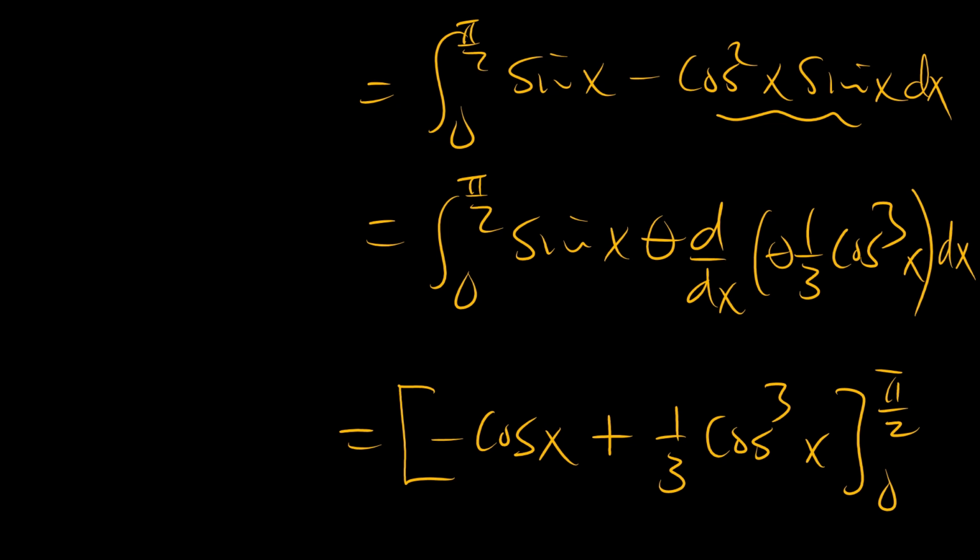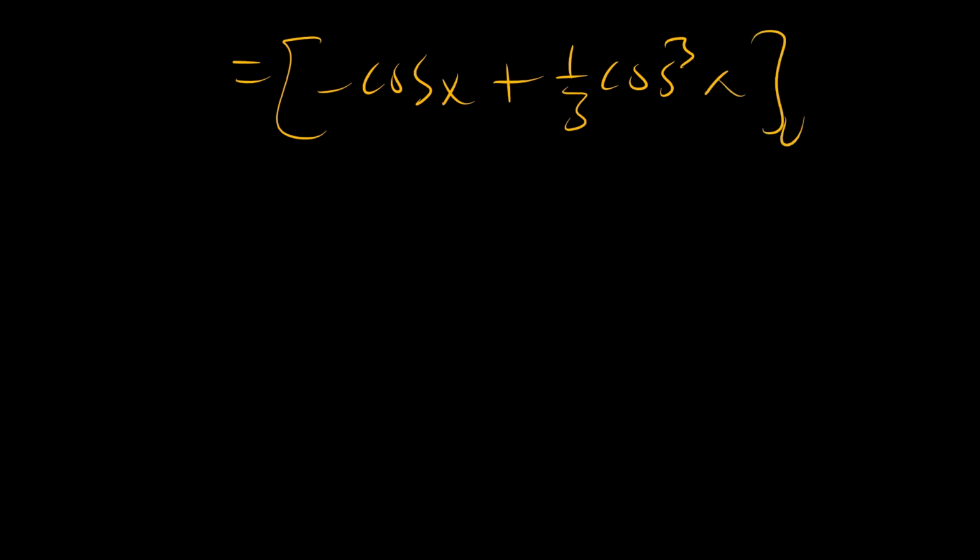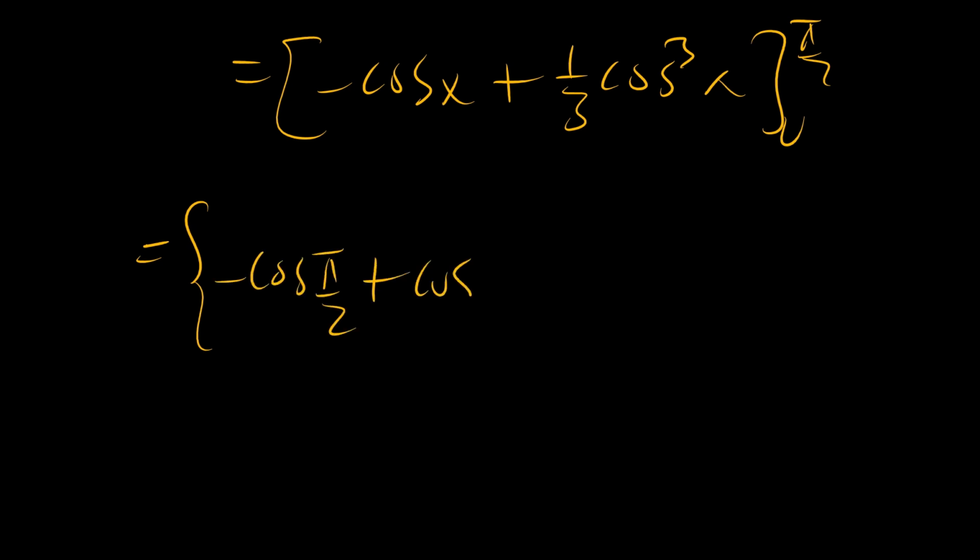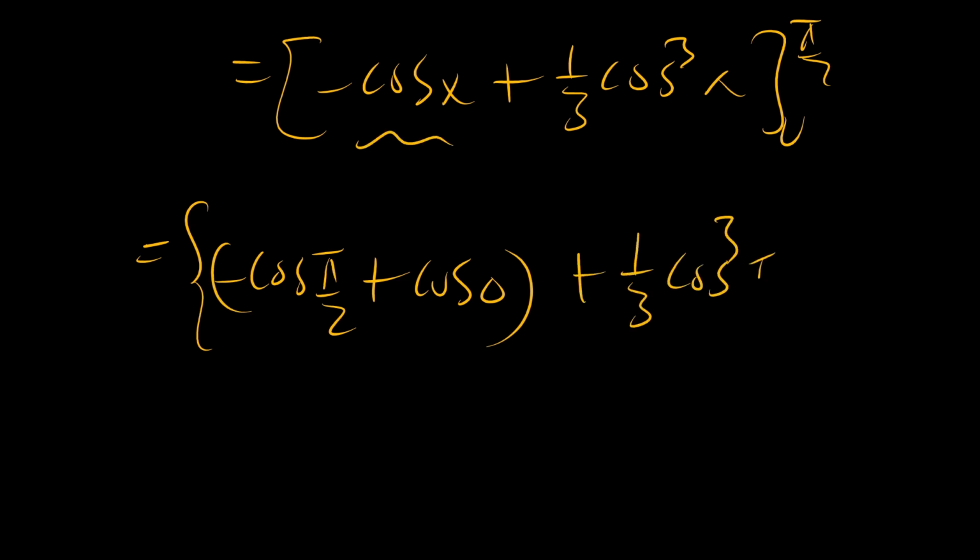So we have negative cosine x plus a third cosine cube x from 0 to pi over 2, and this is the same as negative cosine pi over 2 plus cosine of 0 for this part, plus a third cosine cube pi over 2 minus a third cosine cube of 0.